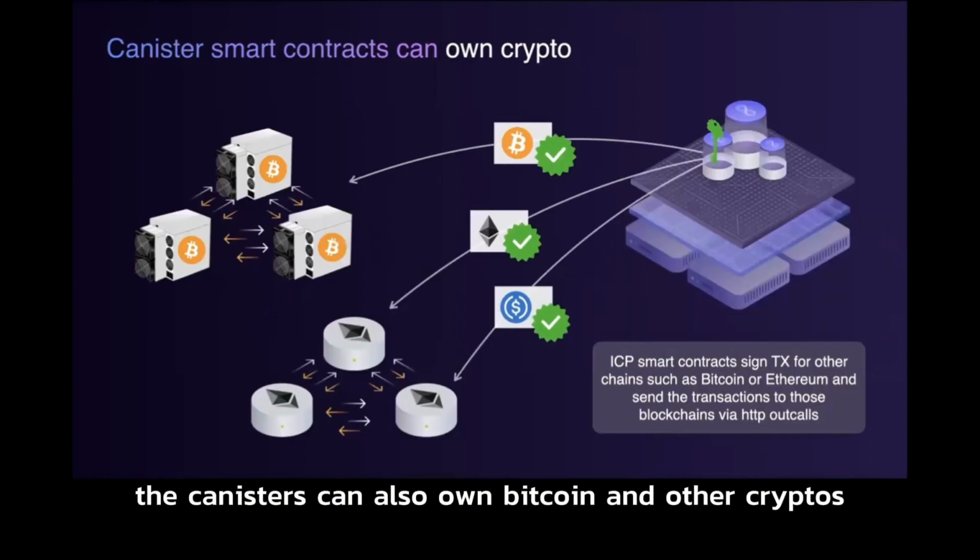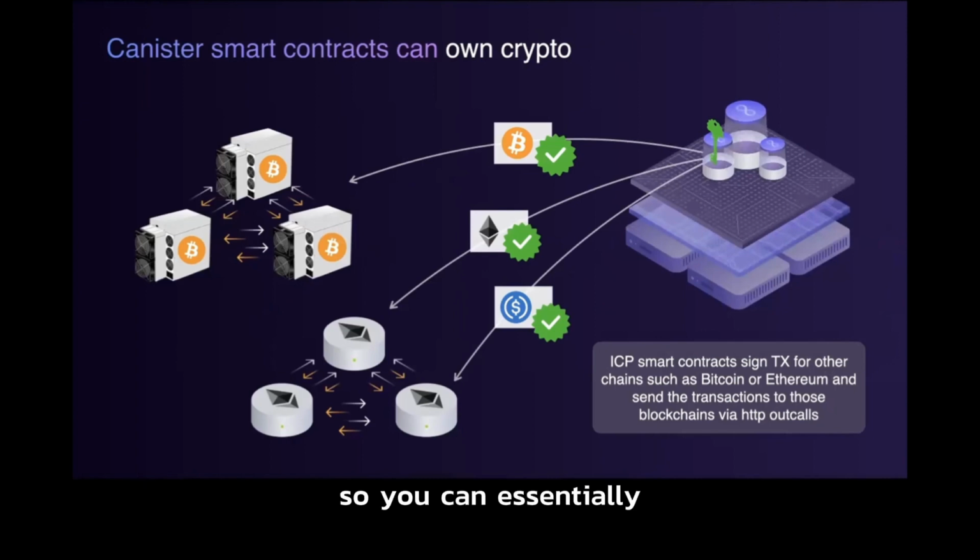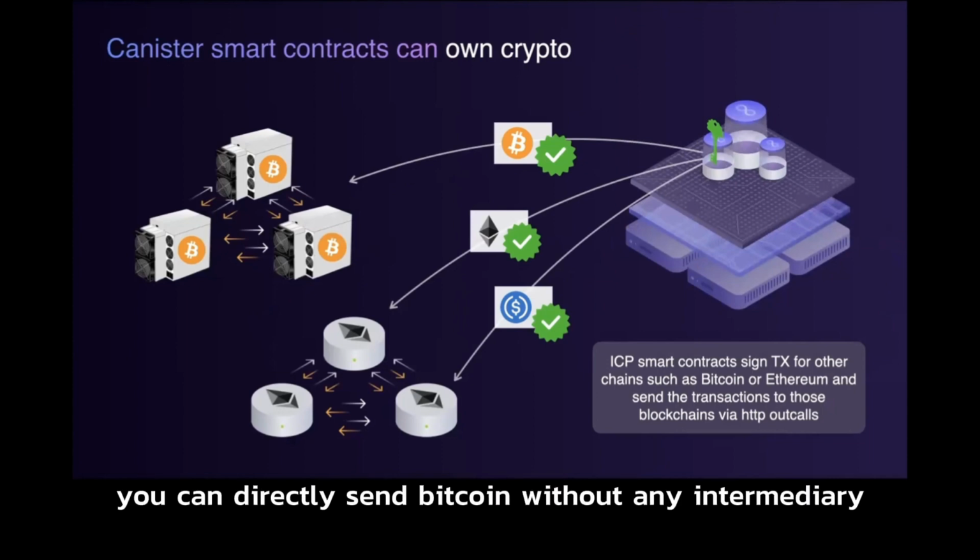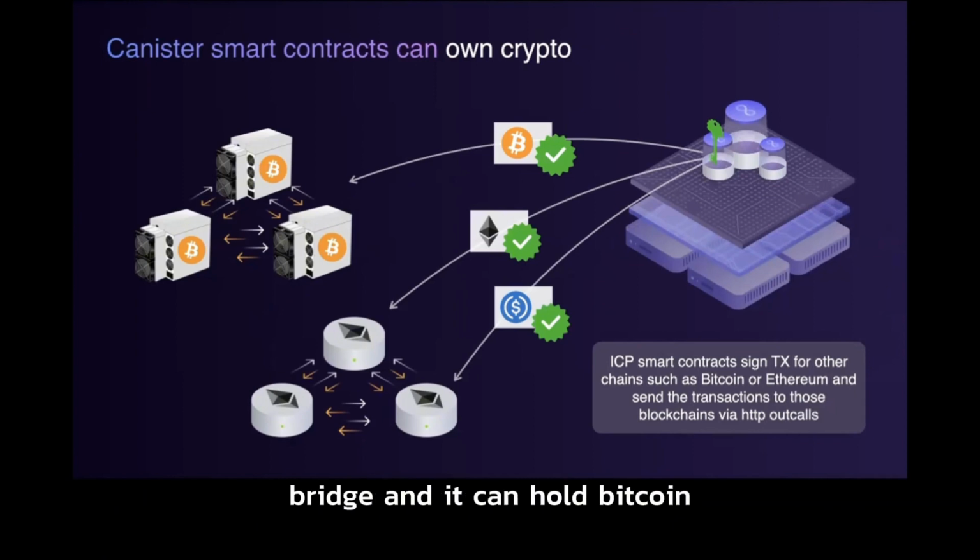The canisters can also own Bitcoin and other cryptos. Imagine a smart contract on the internet computer being a Bitcoin wallet or Ethereum wallet. You can directly send Bitcoin without any intermediary or a bridge. It can hold Bitcoin, and it can sign Bitcoin transactions.